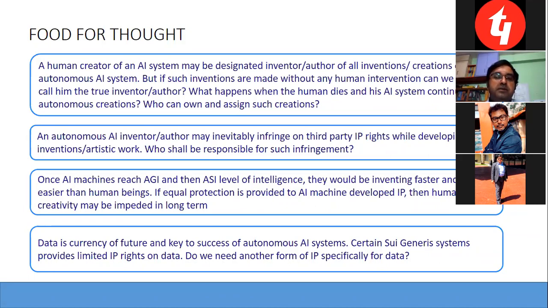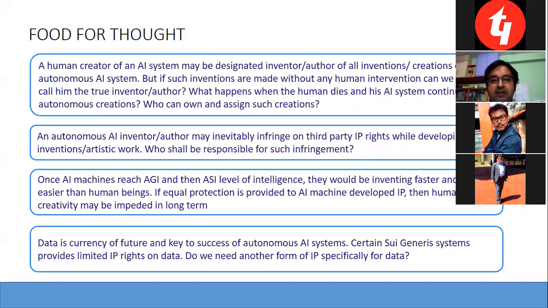Okay, but what happens when such inventions are made without human intervention? Can we really call him the true author? Won't that be a lie to humanity? Just like the CEO of a company who stated that I know how to develop an AI system, but I do not know anything about food storage cans. So how can I be the inventor?